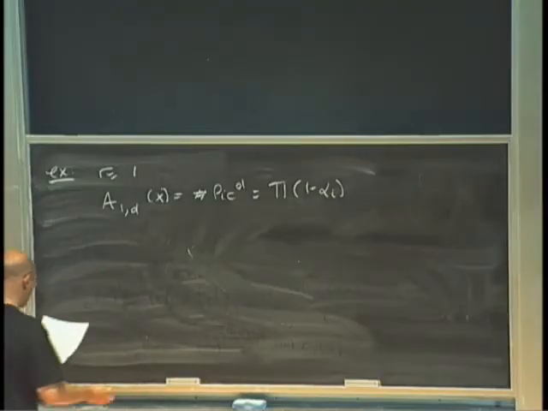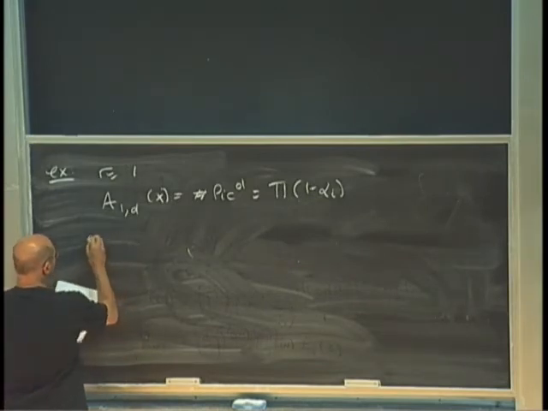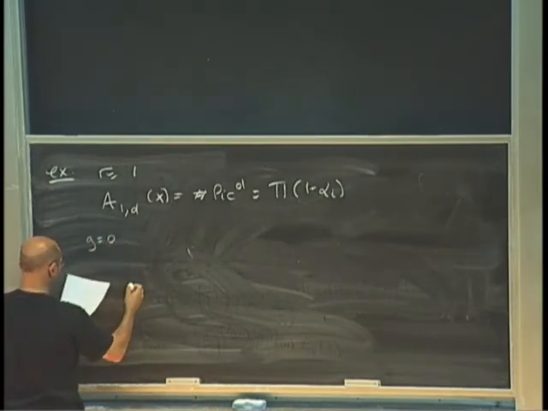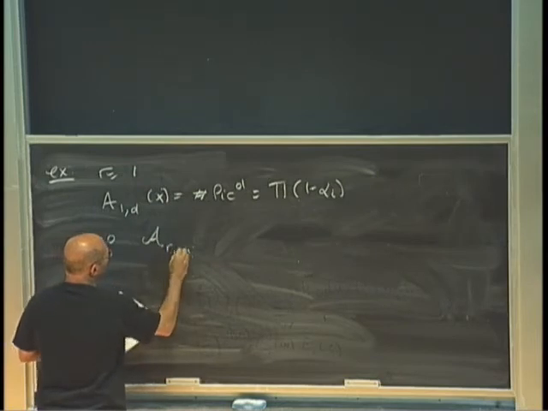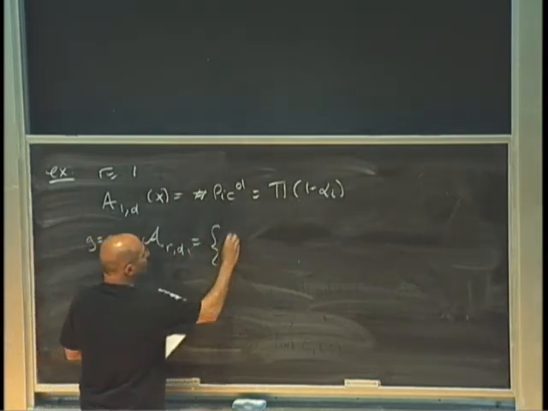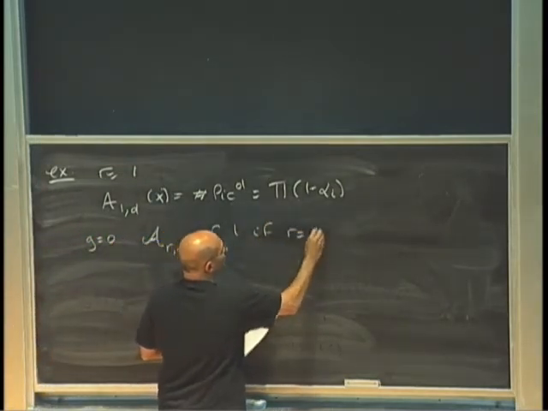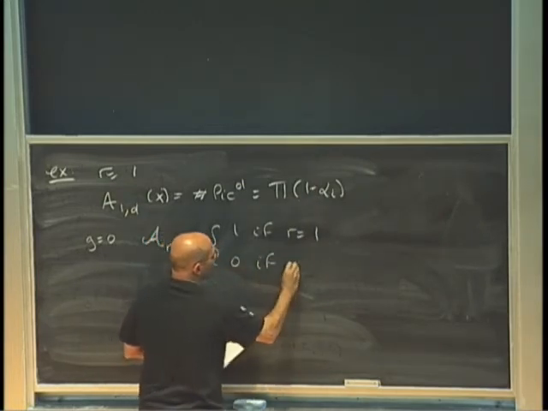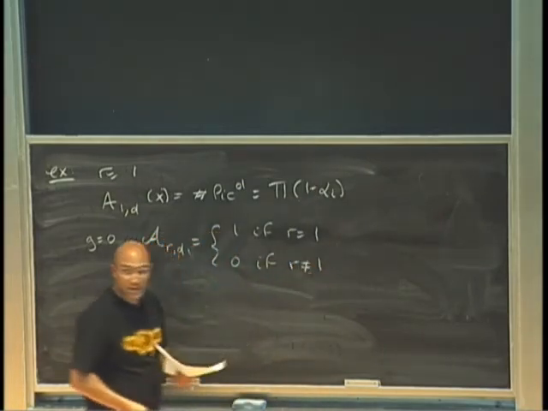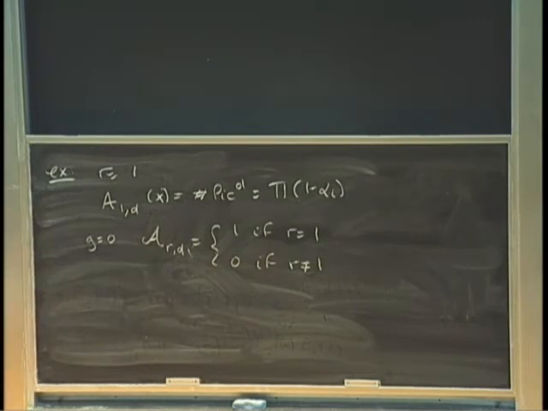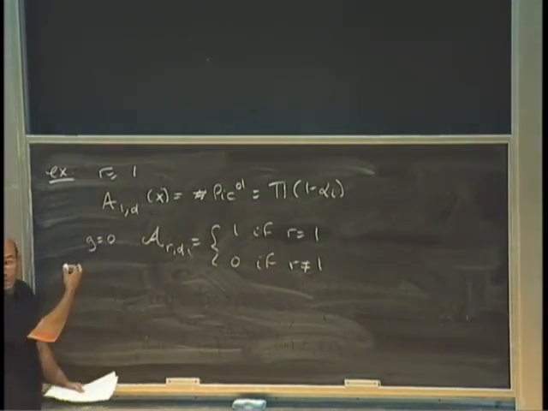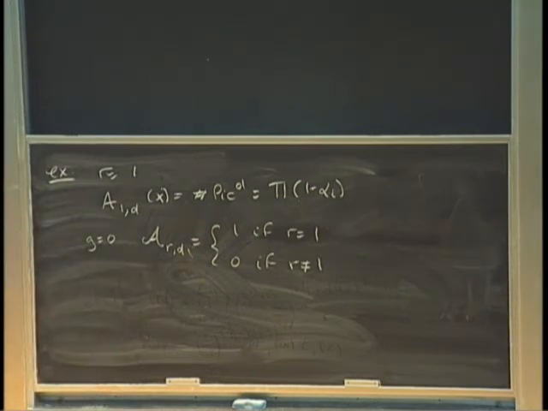So here we see it's obviously true. If g equals 0, A_{R,D} is equal to 1 if R is equal to 1, and 0 if R is different from 1. I'm not counting torsion sheaves. This is not very fun. This is Grothendieck's theorem. Every vector bundle on P^1 splits as a direct sum of line bundles.